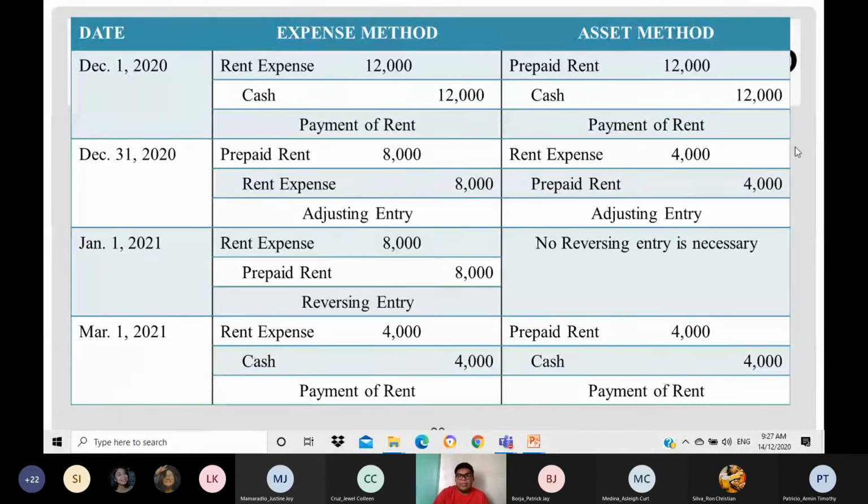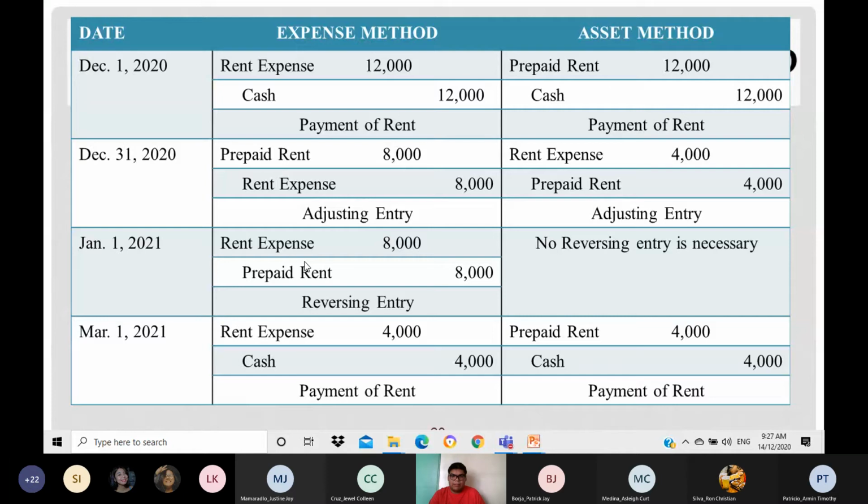However, yung expense method pa rin ang preferred accounting standard for the following reasons. Number one, by the very nature of the item, it is really an expense. Kasi nangyari dito sa asset, if you will notice, naging prepaid rent pagdating ng March.